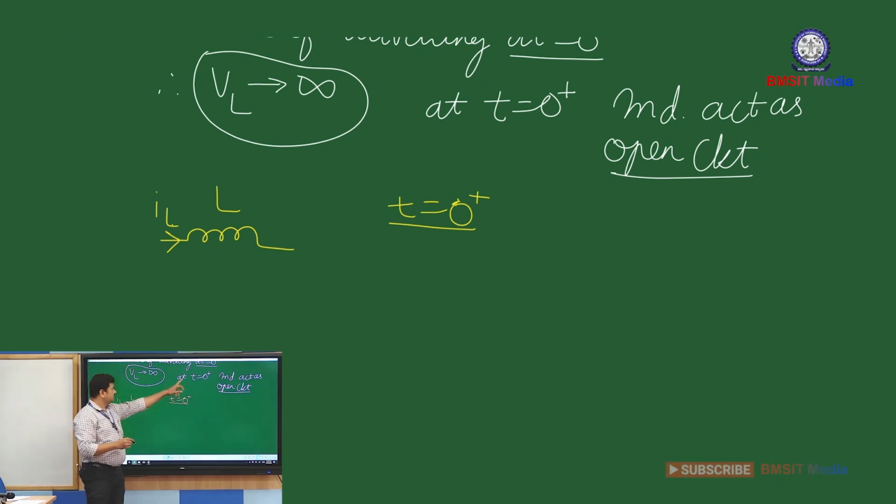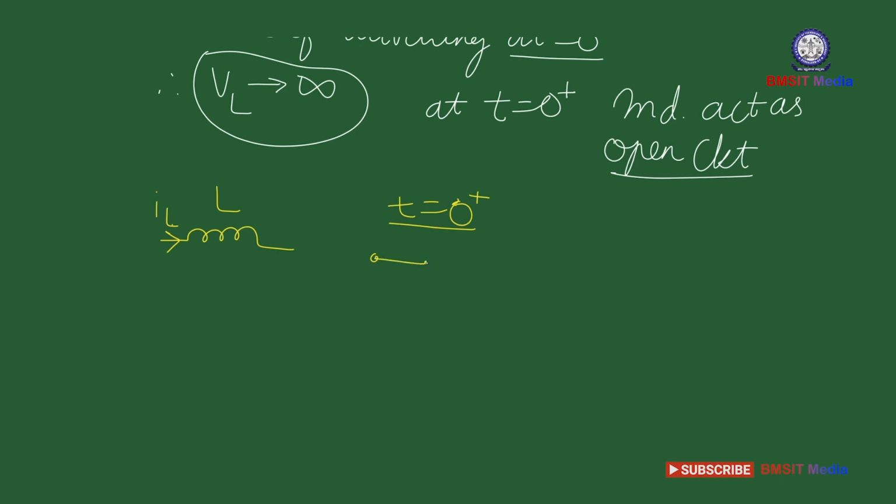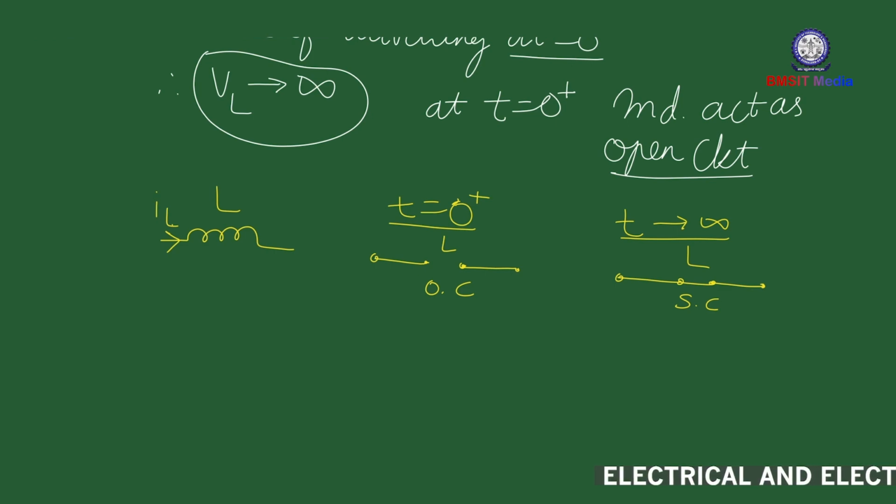So at t equal to 0 plus, the inductor acts as an open circuit. Now as t tends to infinity, it is under steady state condition. Under steady state condition, the inductor is acting as a short circuit. The same inductor L is acting like a short circuit.